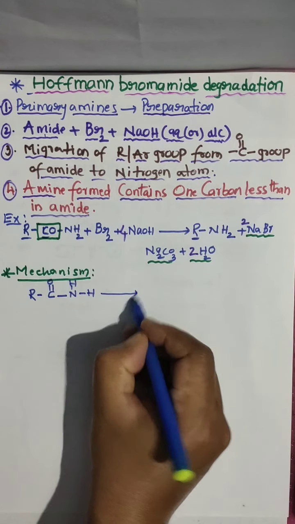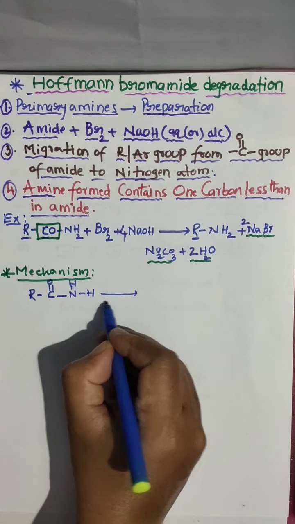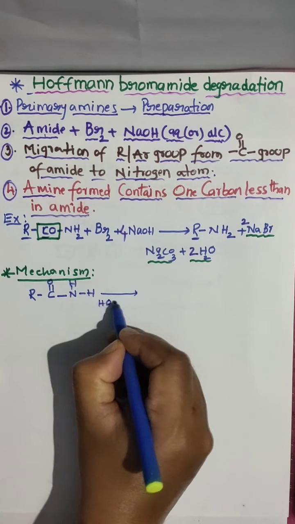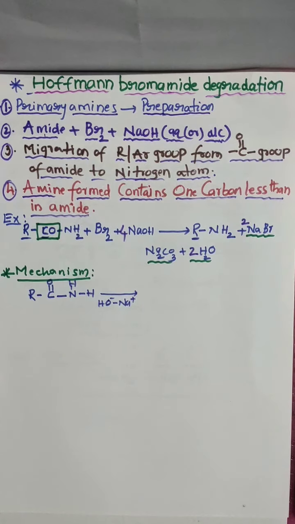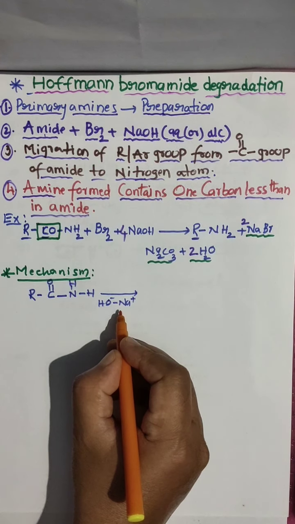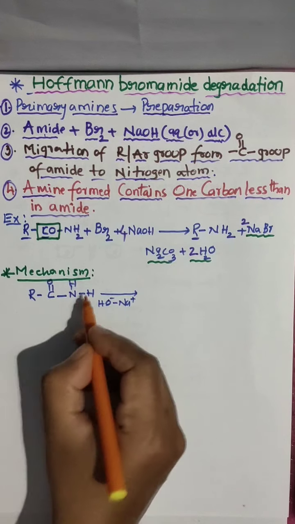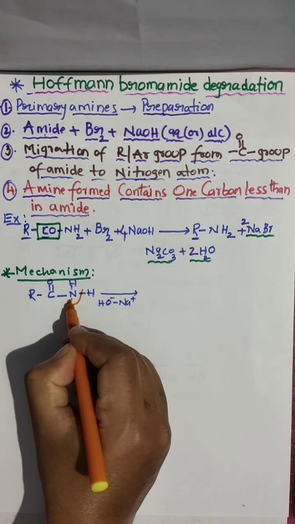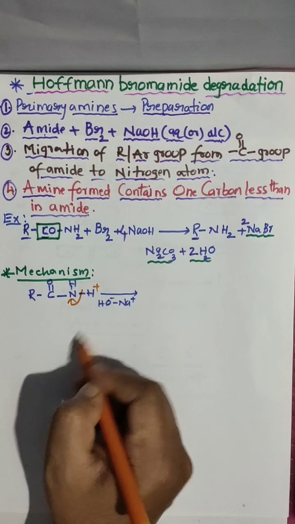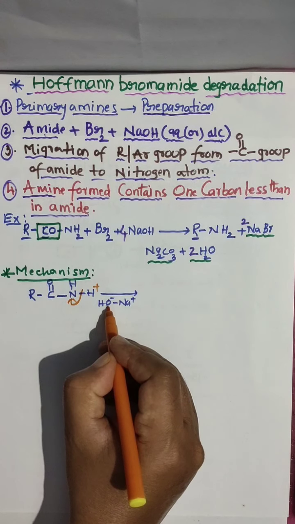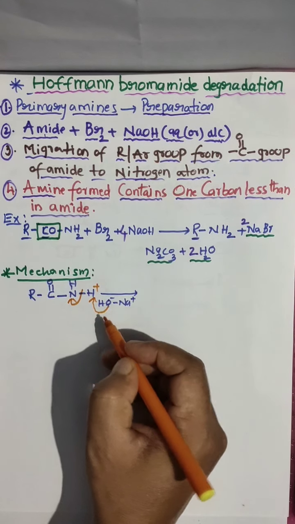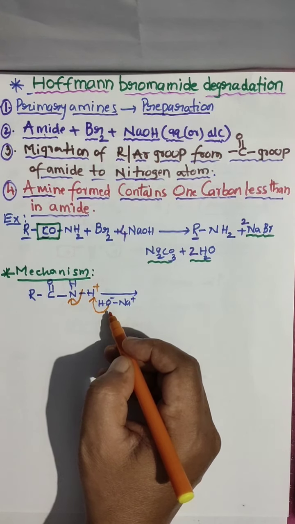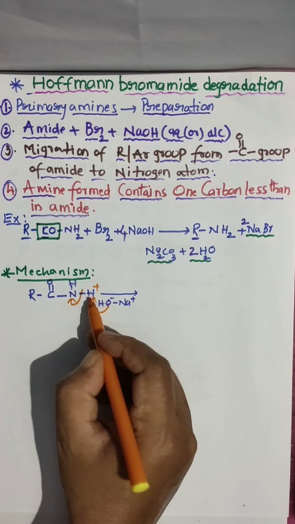This will react with NaOH, written as Na plus OH minus. Sodium is positive, OH is negative. The bond shifts here, then this plus and minus react, and elimination of water takes place, this OH and H.